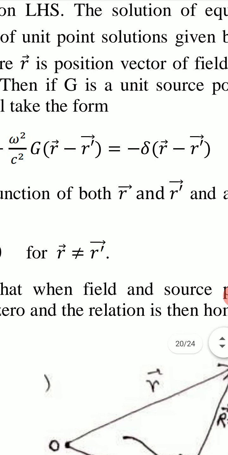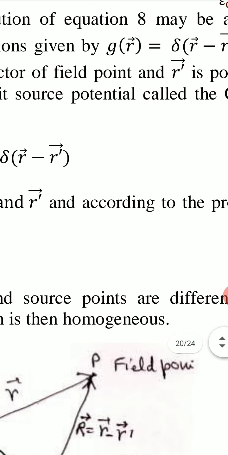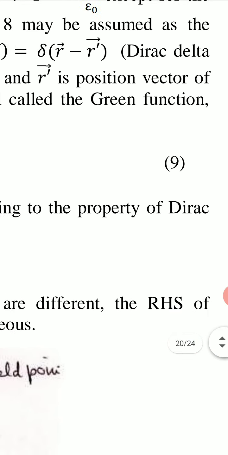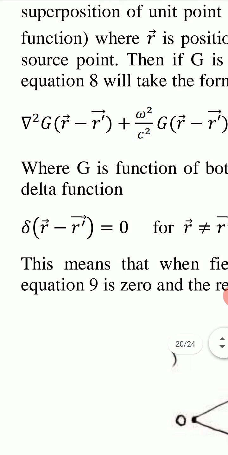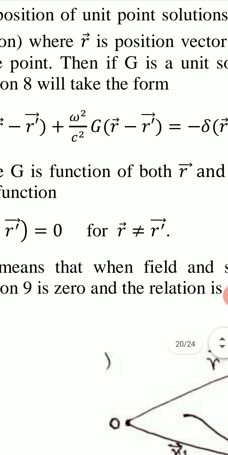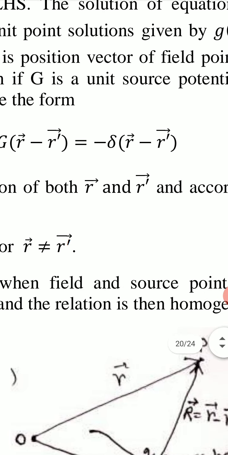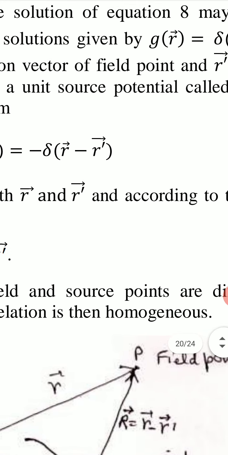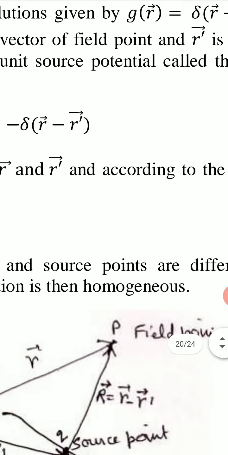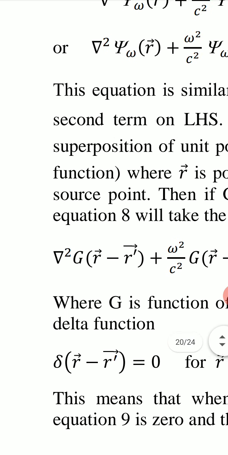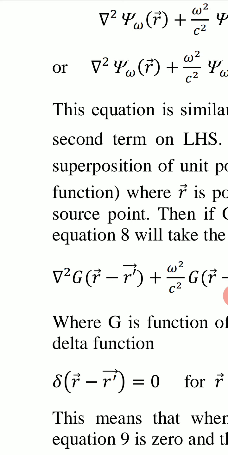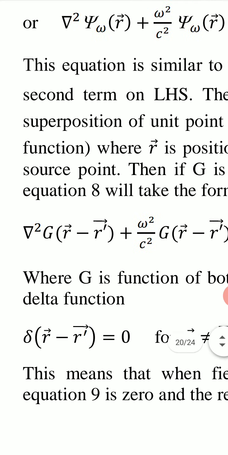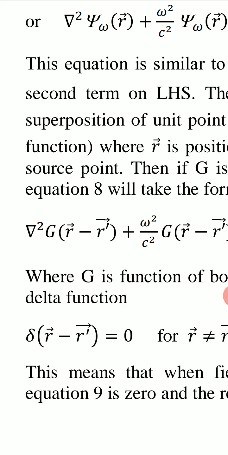Then if G is a unit source potential called the Green function, equation 8 will take the form. G, it is a unit source potential and known as Green function. Then in this equation 8, we write psi omega r as equal to G, Green function, and this Green function G is function of r minus r dash.